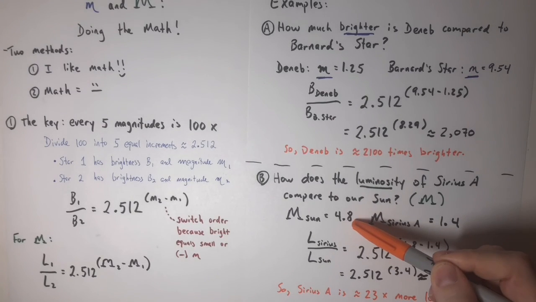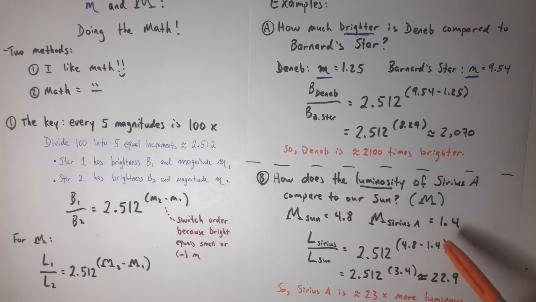So when you look up the absolute magnitudes of the Sun and of Sirius A, here's what they are. Plug this into the formula, and you get a value of about 23. So Sirius A is 23 times more luminous than our Sun.